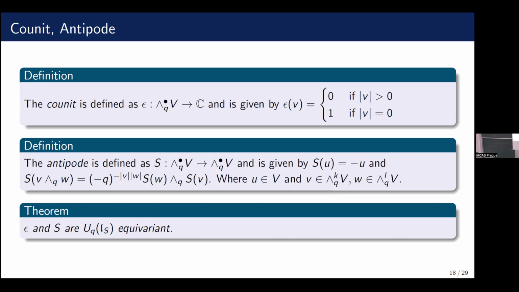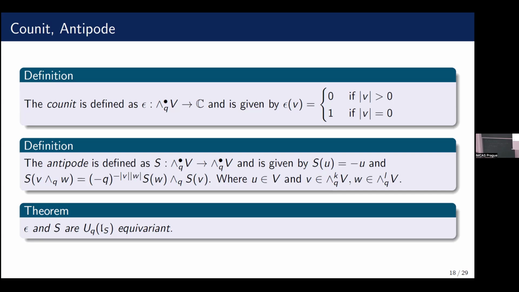And the antipode is given on degree 1 by minus u, and you can construct it this way for the various degrees by taking minus q to the power minus degrees of v and w. And the next theorem says this.